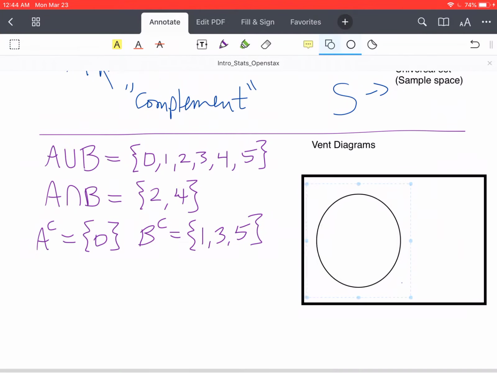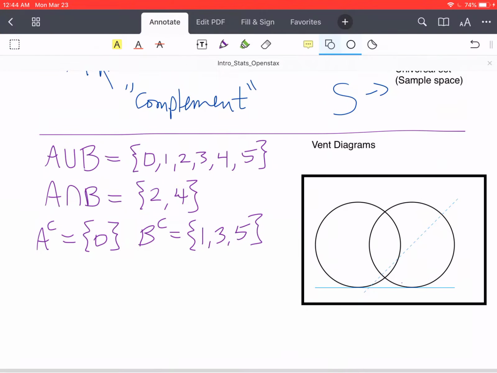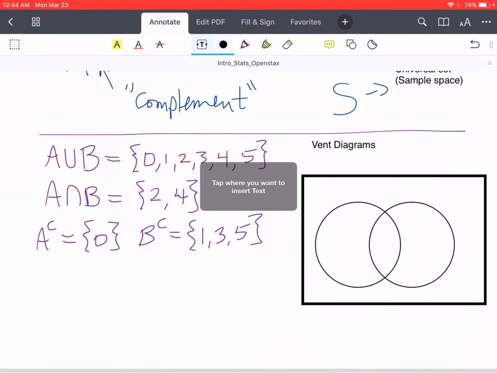These circles are each going to represent one of the sets.